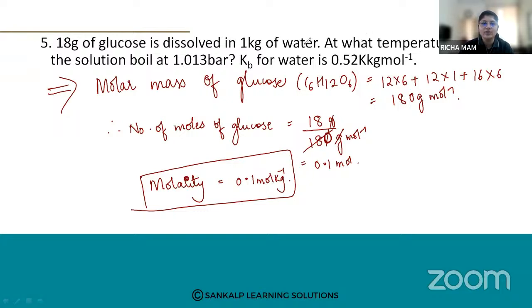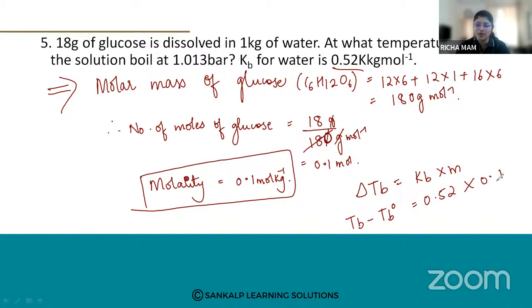Now we have to calculate the change in temperature. It is given as delta Tb. You know that it is equal to Kb into m. So we have this formula. The change in temperature is Tb minus Tb naught, equal to Kb, whose value is given as 0.52, into molality, which is 0.1.